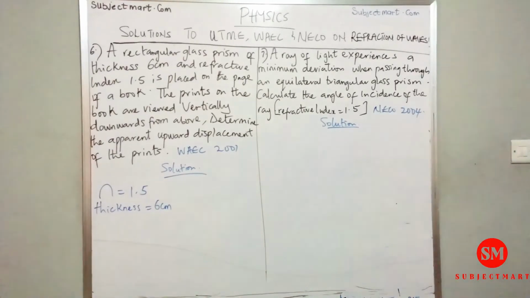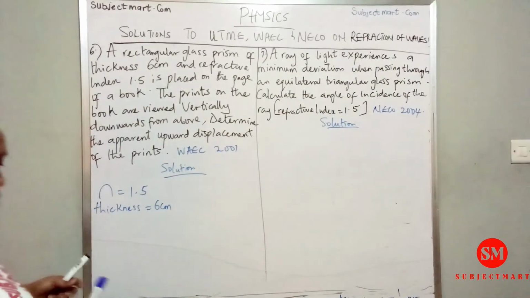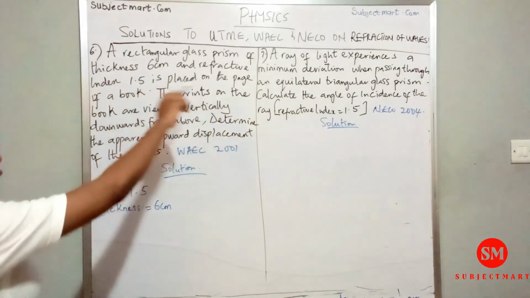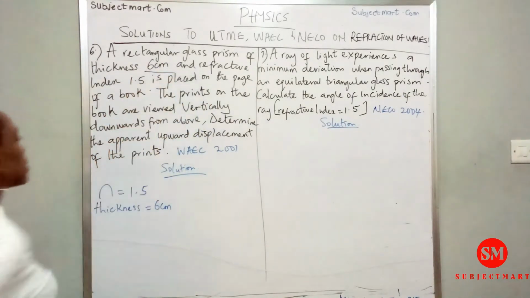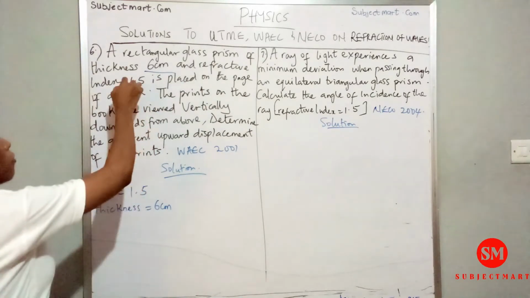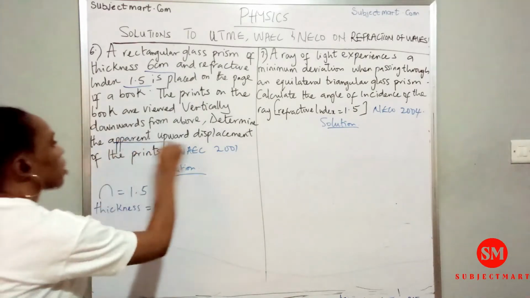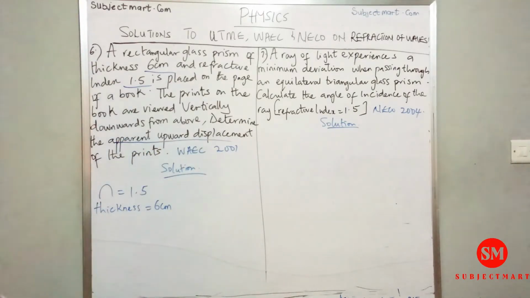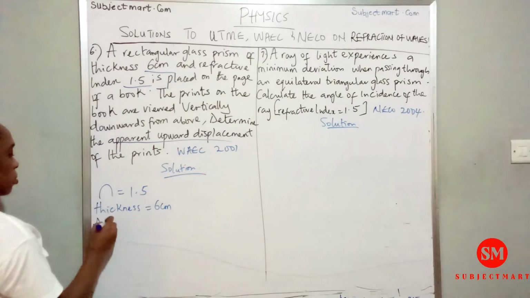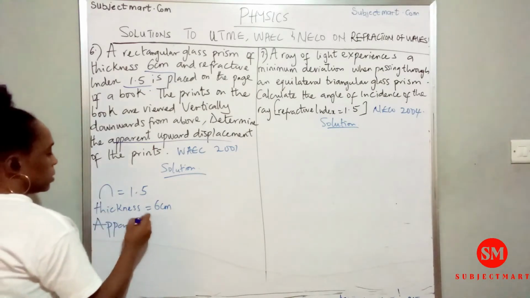Here is question 6. We are given a rectangular glass prism of 6 centimeter thickness, refractive index 1.5, and we are asked to find the apparent upward displacement. Now, to do that, we need to find our apparent depth.